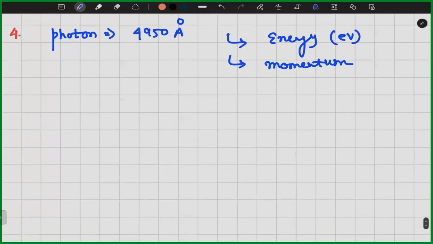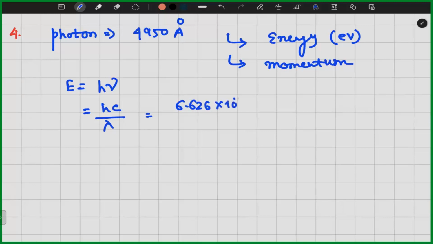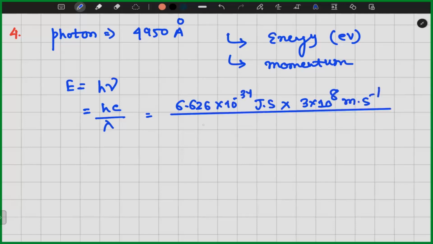The first energy should be h nu, that means hc by lambda. h is 6.626 into 10 to the power minus 34 joule second. c is 3 into 10 to the power 8 meter per second. And lambda is 4950 into 10 to the power minus 10 meter.